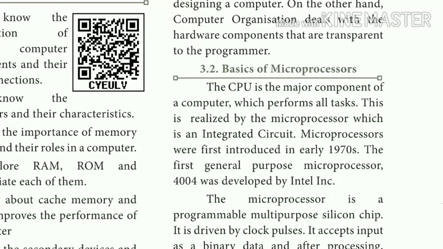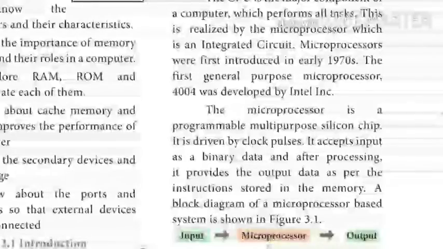So this computer organization deals with this kind of components that are present inside the computer. You can reduce the space and increase the efficiency of the computer, which can be dealt with in this chapter.